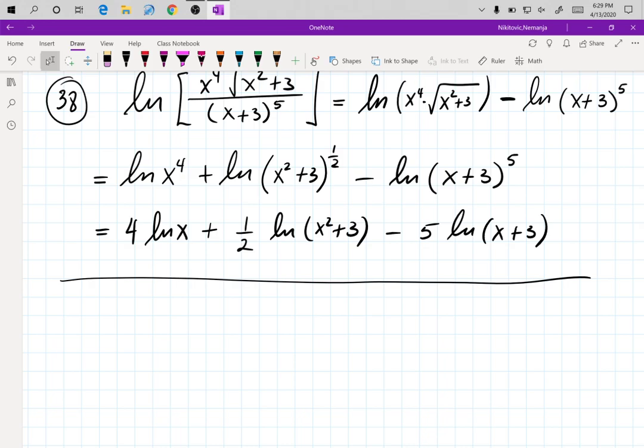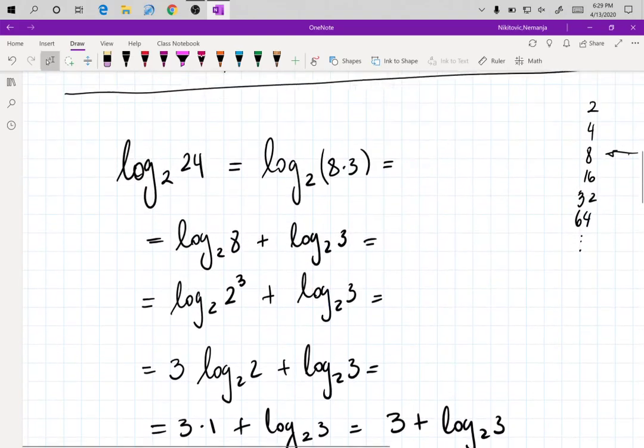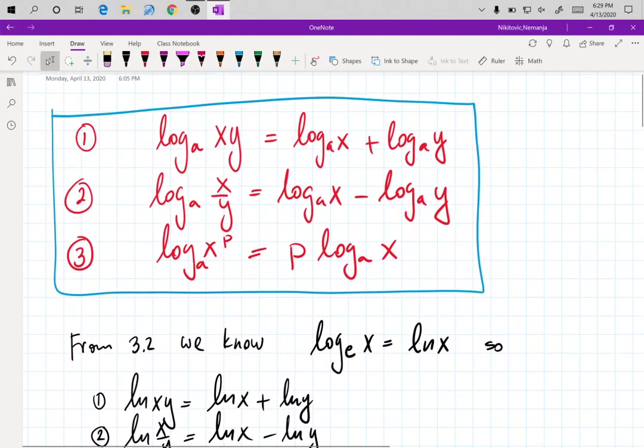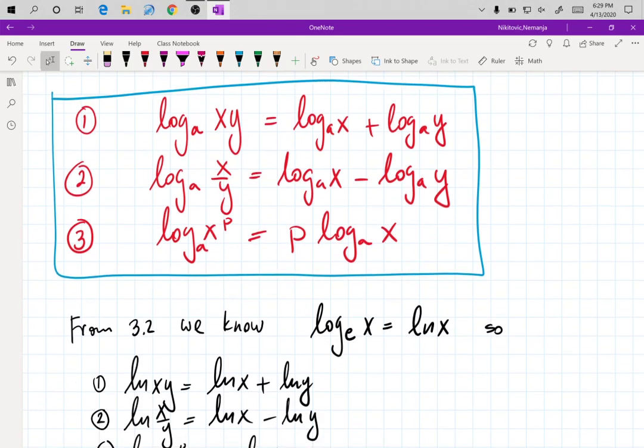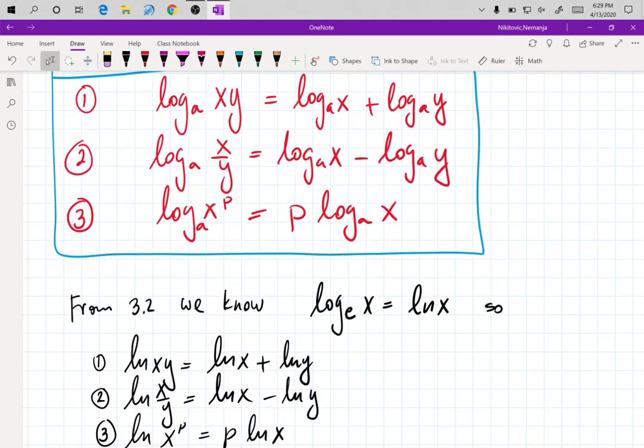So we understand, hopefully, that was, what, 5 examples or so? We understand how to compress the logs, expand the logs. So we use the 3 formulas, whether they are red or black over there. So it's a log with base something, or ln, which is base e. It's the same formulas, just notation looks different.